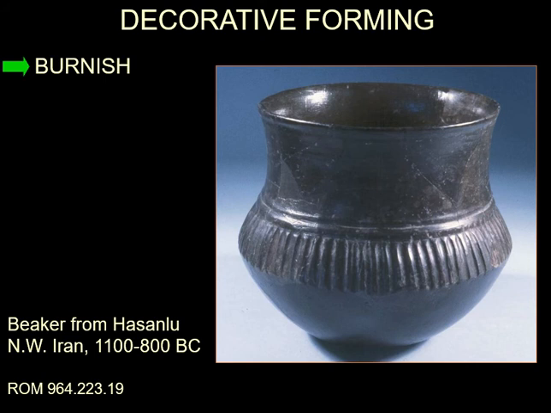So once you have constructed your vessel, there's a number of types of decoration which are also done before the pottery is fired, and it's sort of a part of the forming process. One of these is burnishing, in which you will take something like, say, a nice shiny rock, and you will polish the outside.